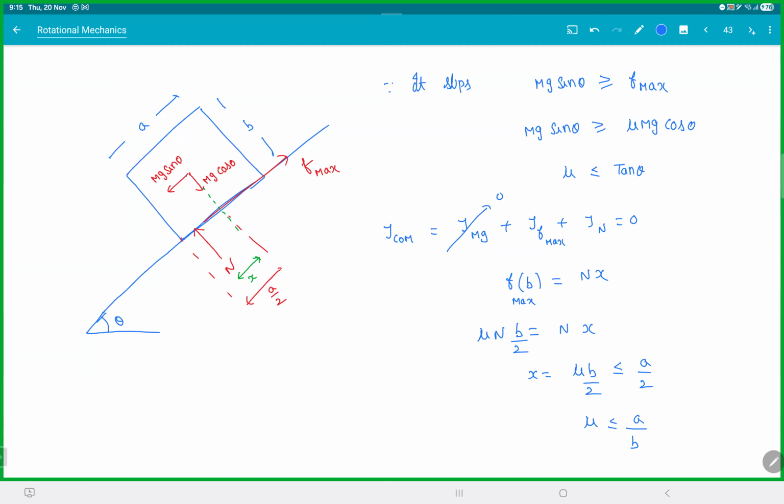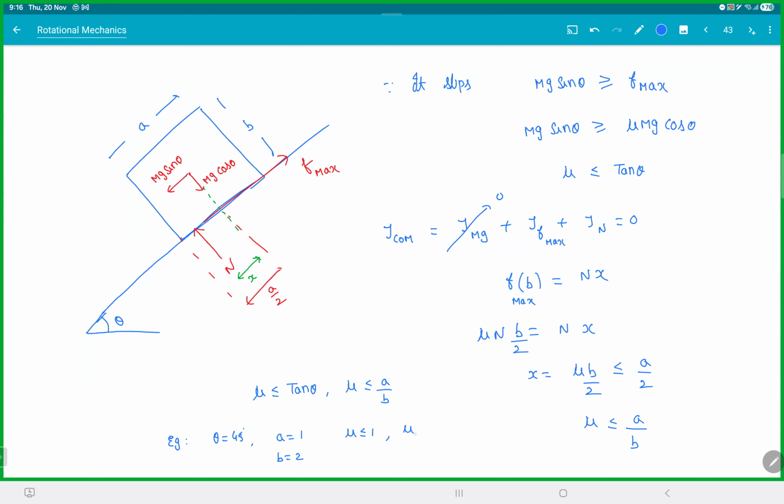So we have to satisfy these two conditions. Now we don't know which is smaller. So it is a union: mu less than tan theta, mu less than a by b. For example, let's say theta is 45, and a is equal to 1 and b is equal to 2. Then the first condition says mu is less than 1.